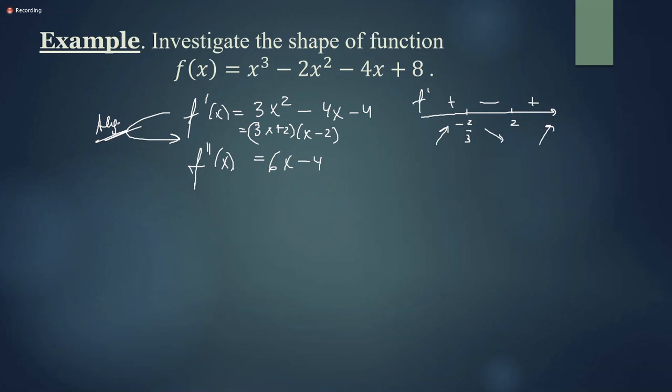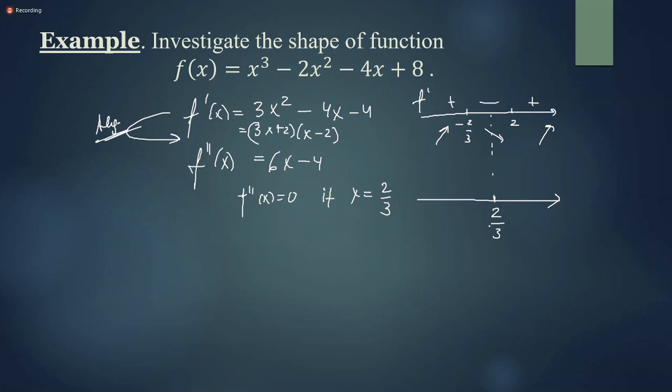Then, the second order derivative is 0 if x is positive 2/3. Now I do a second sign diagram so that my positive 2/3 falls between negative 2/3 and 2, so that the points fit on both lines.